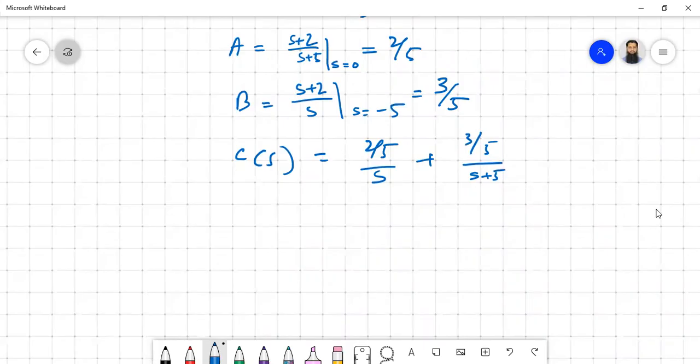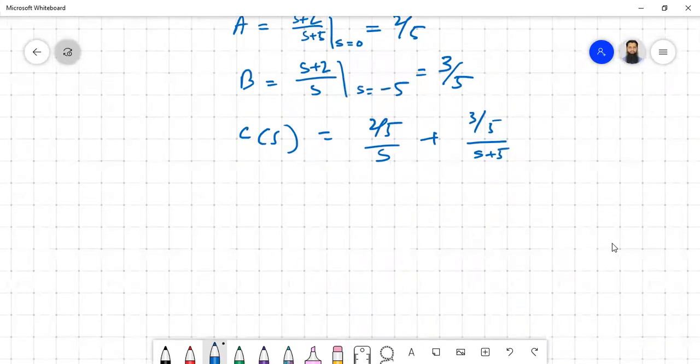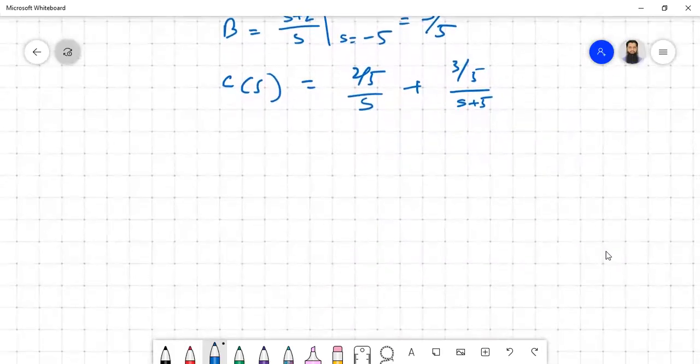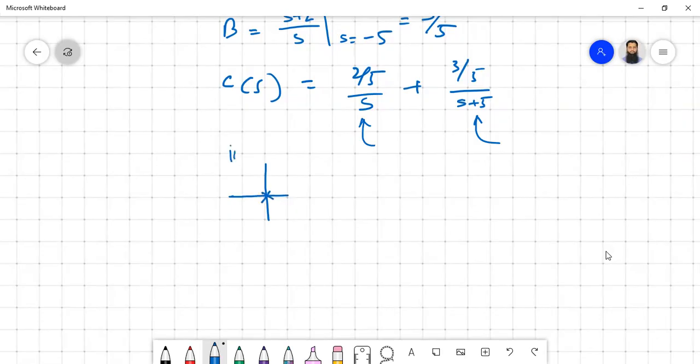So let us try to figure out the corresponding pole-zero locations and how many poles you have. Don't forget that this (s plus 5) is because of your system's pole, and this s is because of your input. So if you draw the pole-zero plot, you have a pole at the origin, which is your input pole.